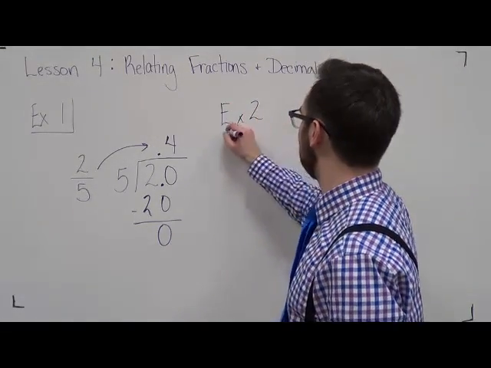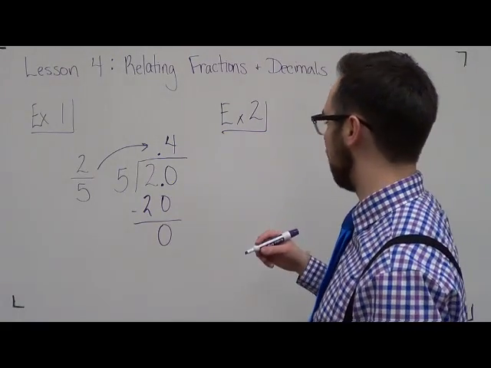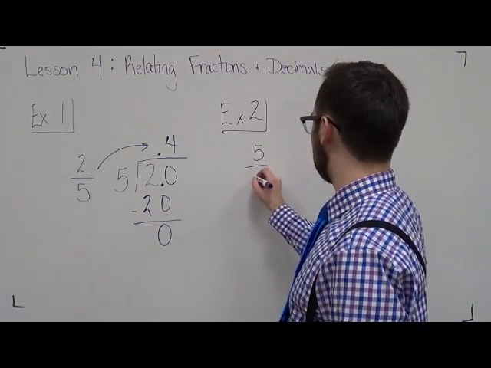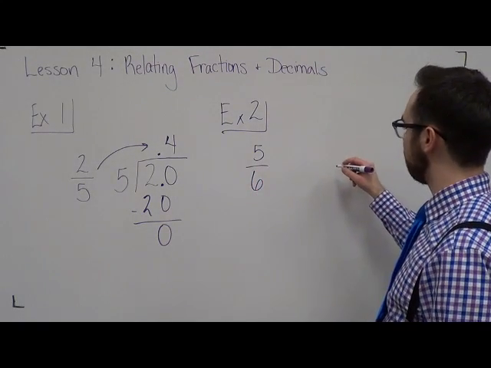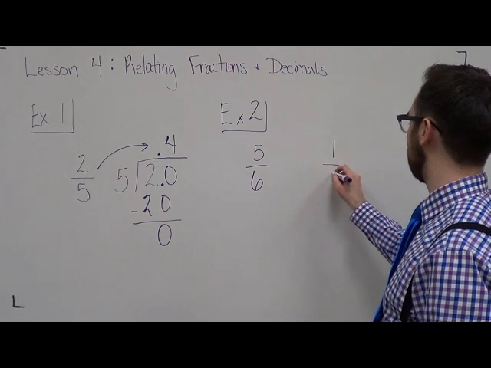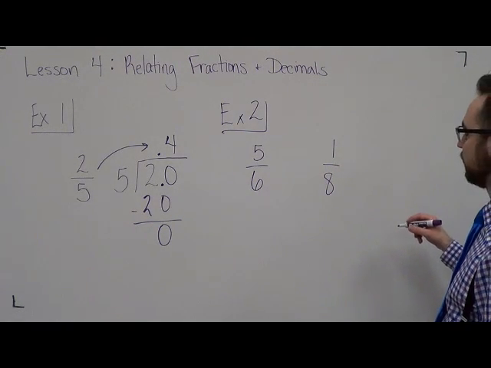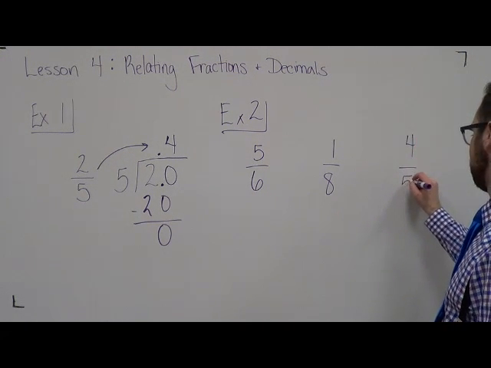Because I think you guys are probably catching on to this pretty quickly, let me give you a couple. So let's see if we have 5/6. Let's say we have 1/8. And if we have 4/5.